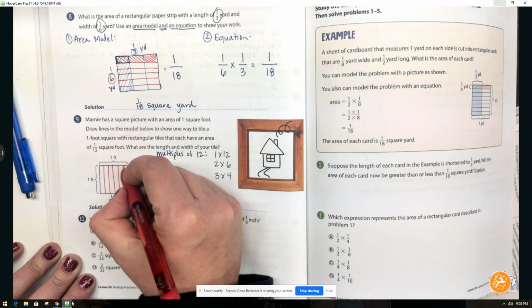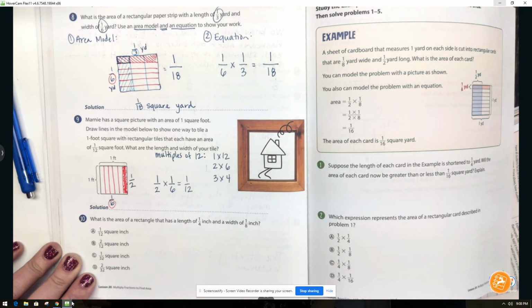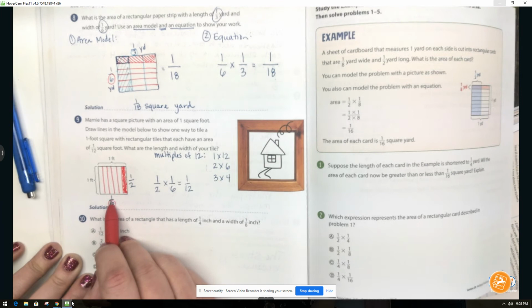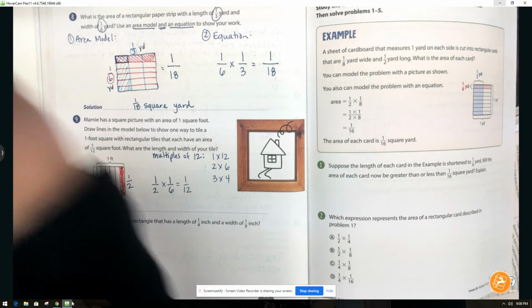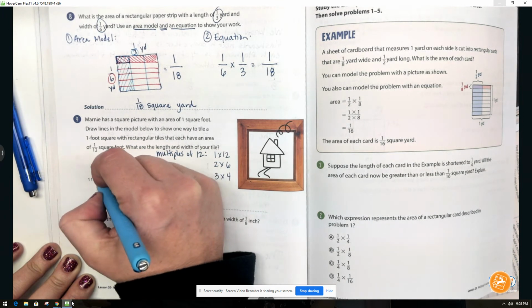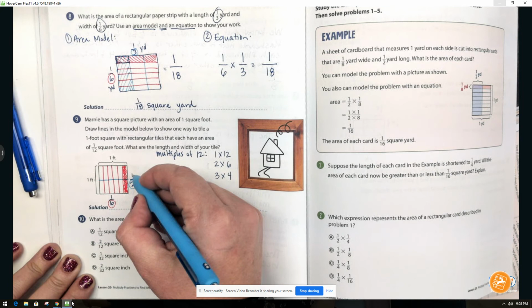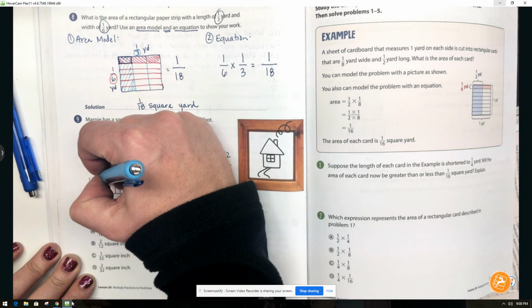And then we're going to shade in one of those 6 sections because the numerator is 1. Then over on the rows, this 2 tells us we have 2 sections, and then we're going to shade in one of those sections.